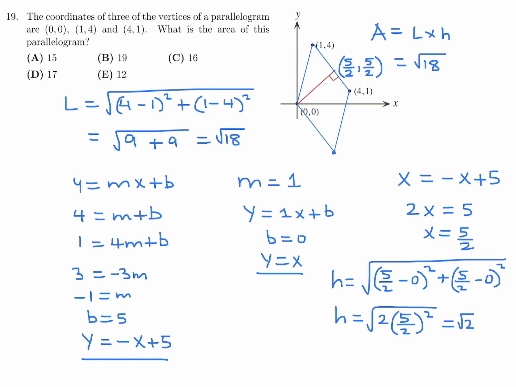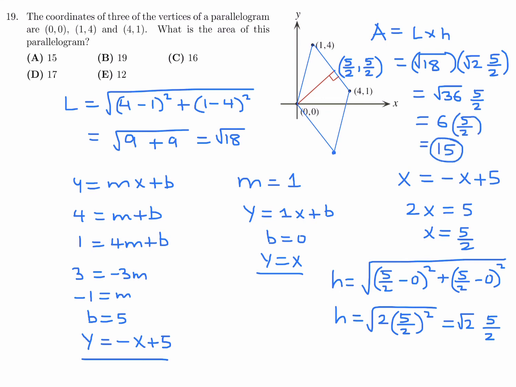And that's going to simplify to just root 2 times 5 over 2. So come back here, put in that h, and I got root 2, 5 over 2. And that looks like root 36 times 5 over 2. The root 36 is just 6. So 6 times 5 over 2. And that's going to be 15. So number 19, the answer is A.